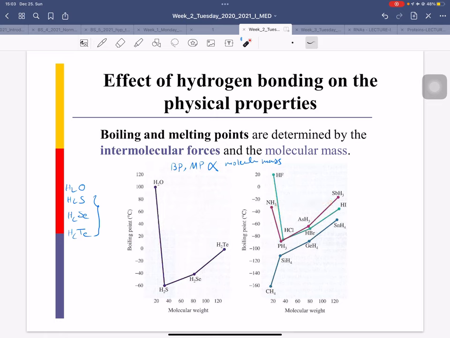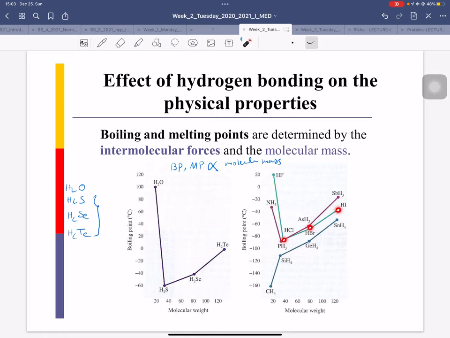But for hydrogen fluoride, which has a higher electronegativity, but because the radius is smaller, in this case the boiling point is increased, but not as much as water. But again, it is higher than HCl, HBr, HI.